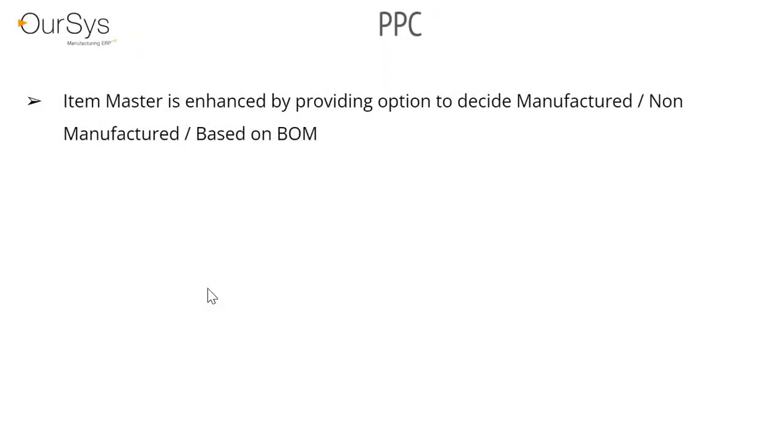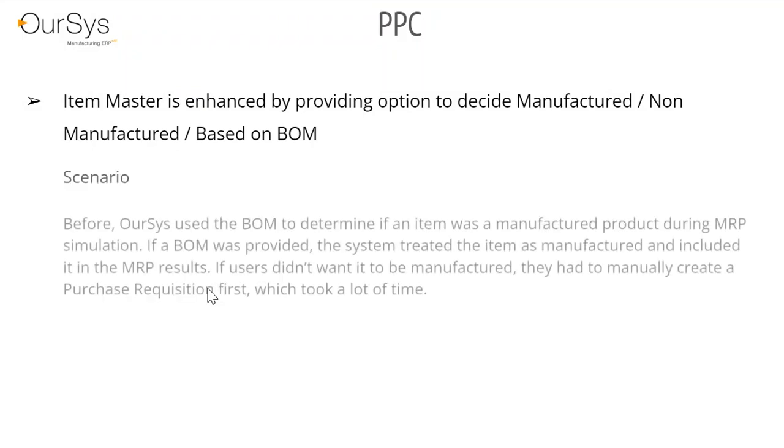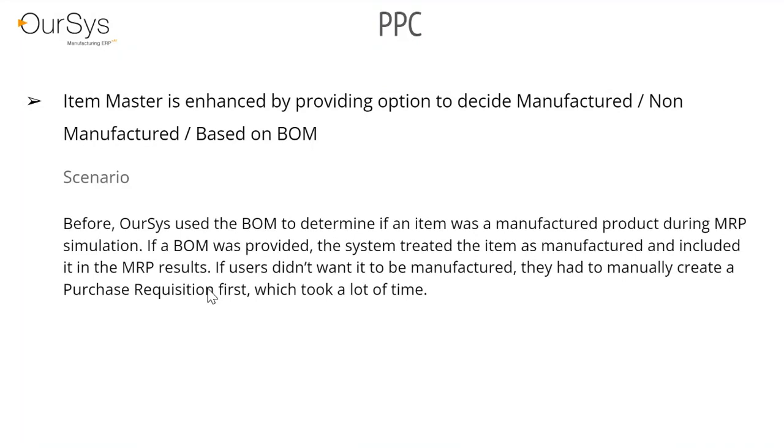Item master is enhanced by providing an option to decide the manufacturing item based on bill of material. Previously, OurSys used the bill of material to figure out if an item should be considered as a manufactured product during the material requirement planning process.